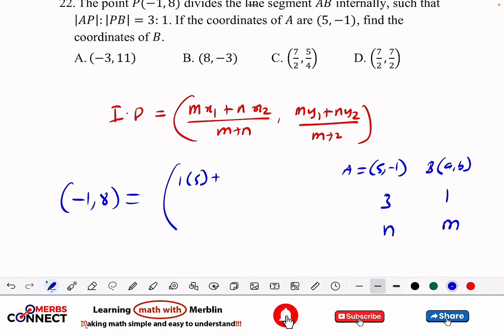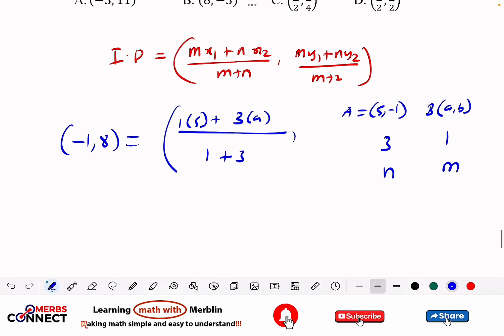So we have 1 times a, is that right? So n times x2, okay, good, divided by 3 plus, oh, what is n? n is supposed to be 3, okay. So we have 1 plus 3, good.